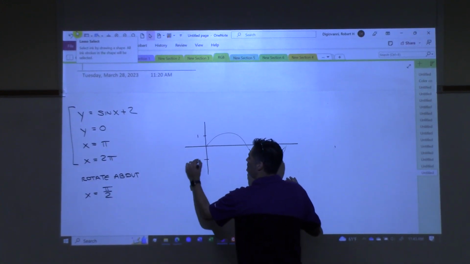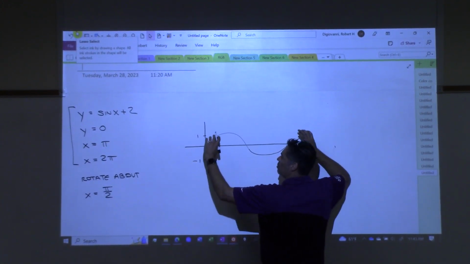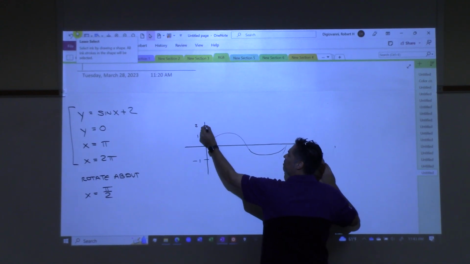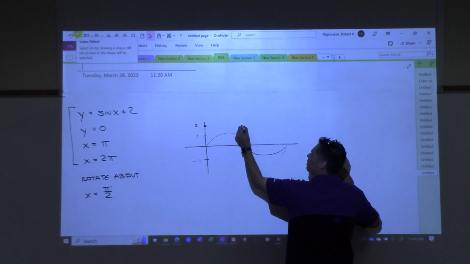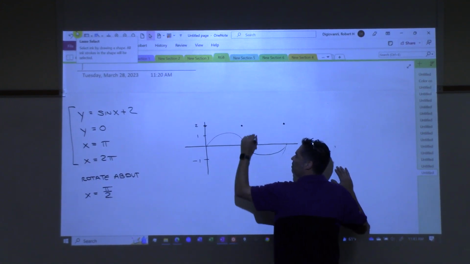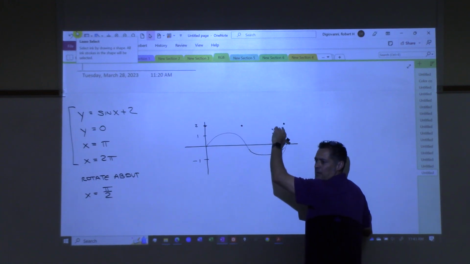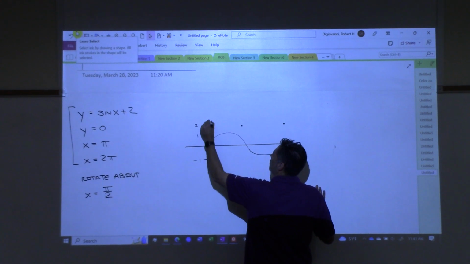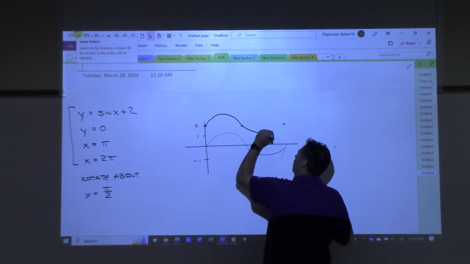We want to take this whole picture and move it up 2 units. So this point goes up to here, this point goes up to there, and then it comes down, and the lowest it goes is 1. So it's going to go up to 3, back down to 1, and like that.